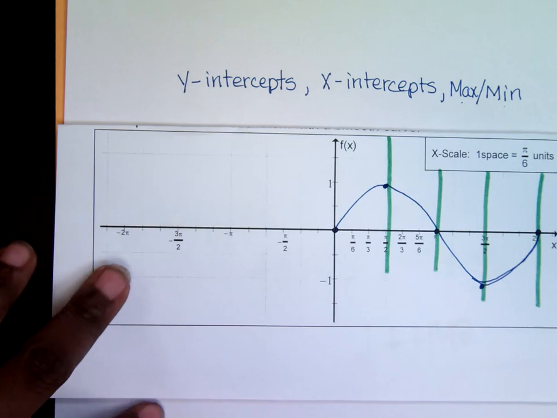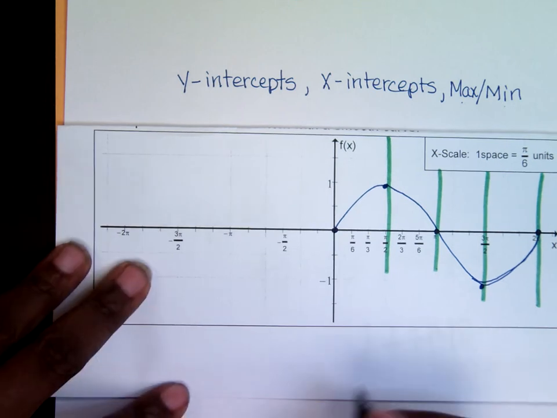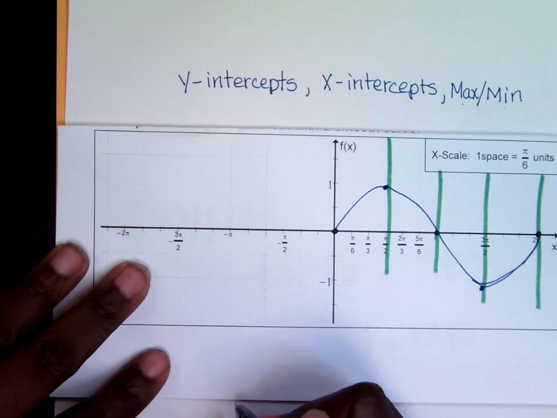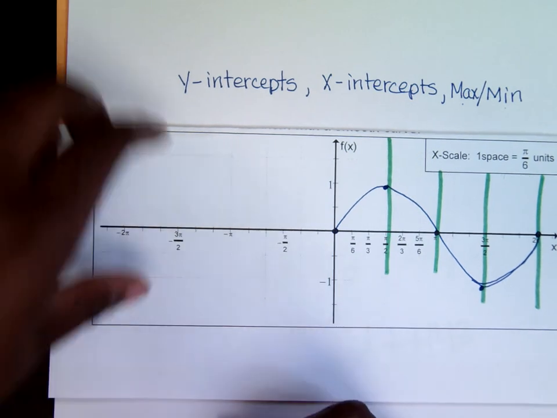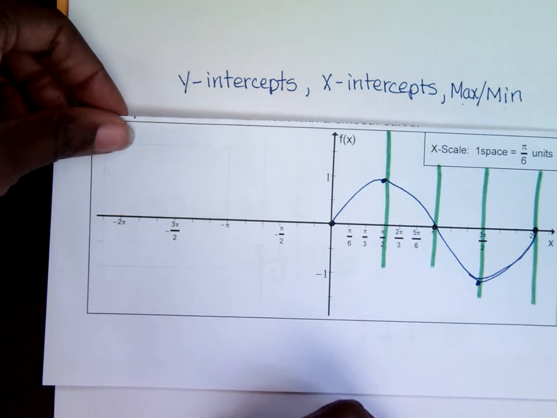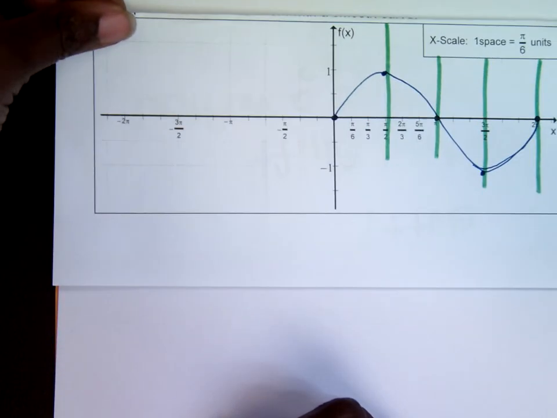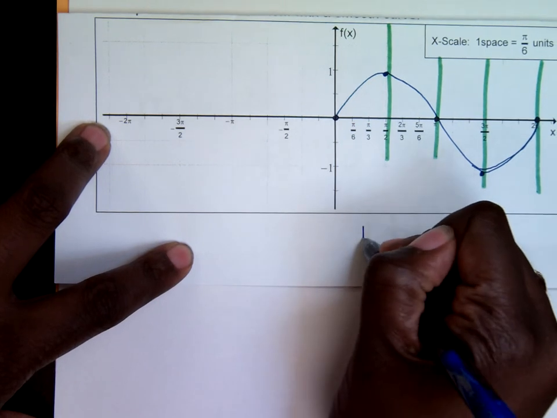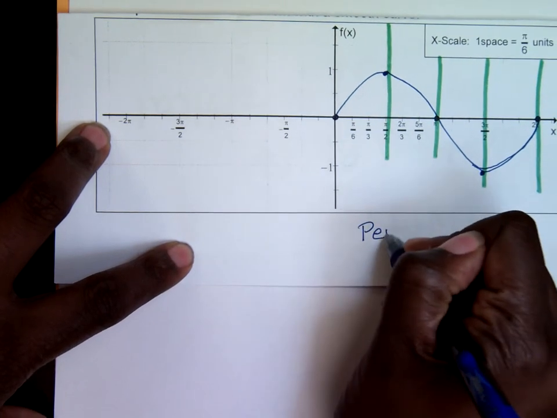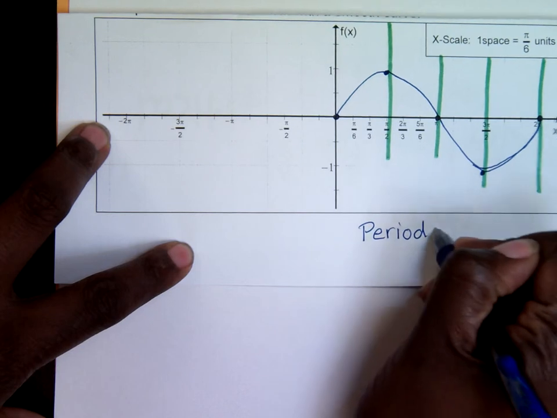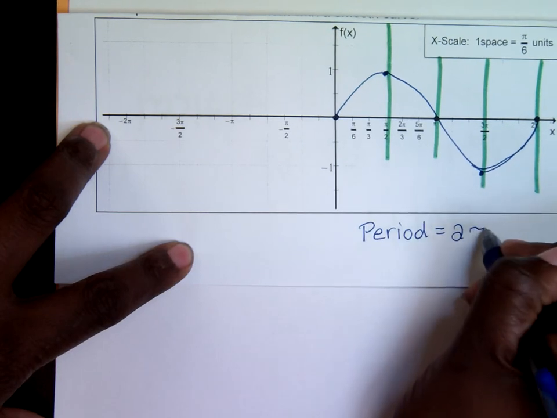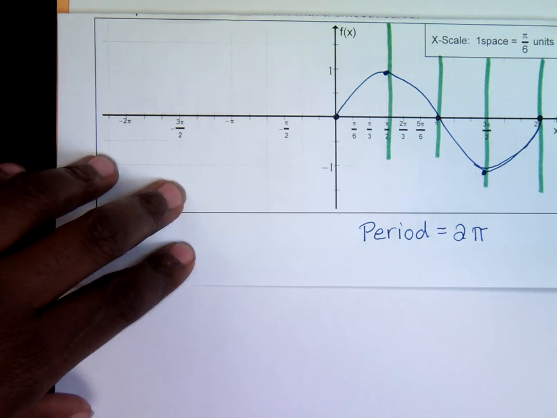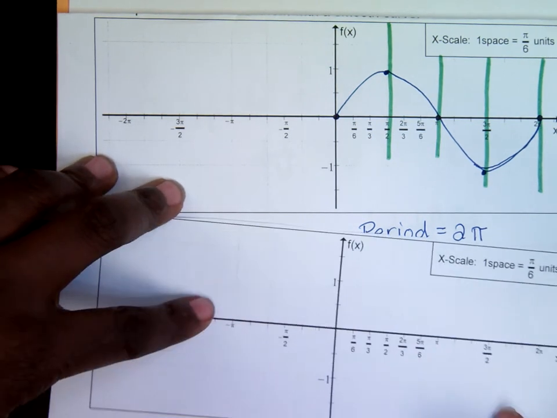Let's, for example, say that the period decreased and now our new period is pi. On the parent function, the period is 2 pi. Let's say on our new function, the period is now equal to pi.